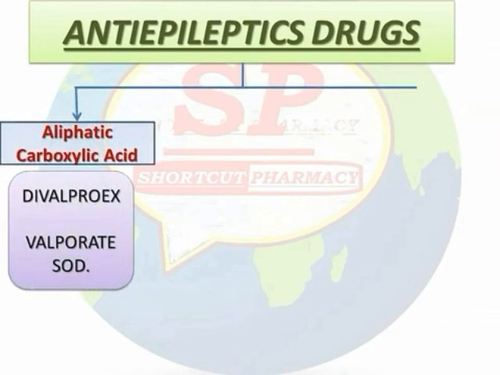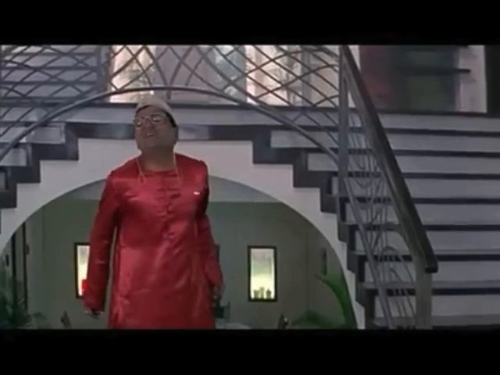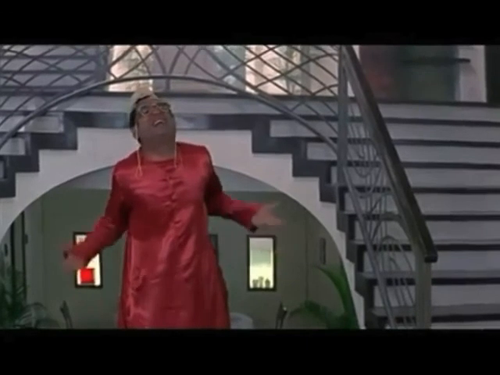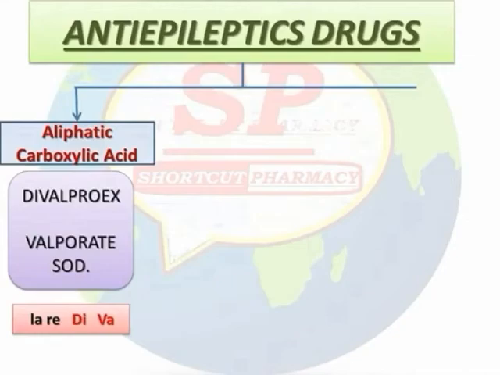Then the next one is inhibition of T-type Ca2+ current. They are ethosuximide, trimethadione and valproate, which are the drugs used for inhibition of T-type Ca2+ current.